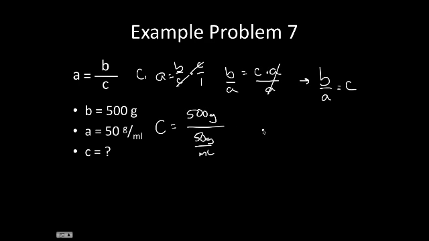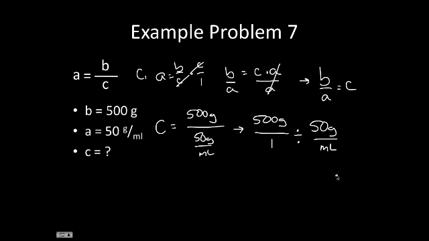So let's go ahead. I'm going to rewrite this a different way to something that may be a little bit more familiar for you. 500 grams over 1, I'm going to use that one as a placeholder, divided by 50 grams per milliliter. Now, if you'll notice, these units don't cancel out here. But this is also a division right here.